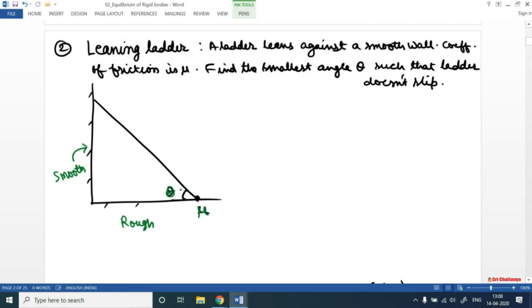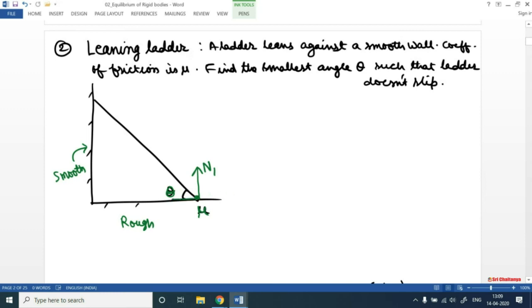At the critical value of theta, we will have the limiting condition for friction, meaning friction will be just able to contain the relative motion of this point with respect to the ground. Now let's draw the free body diagram. This ladder is in contact with the rough surface, so there would be a normal on it in the vertically upward direction, and this point will have a tendency to slip in the rightward direction.